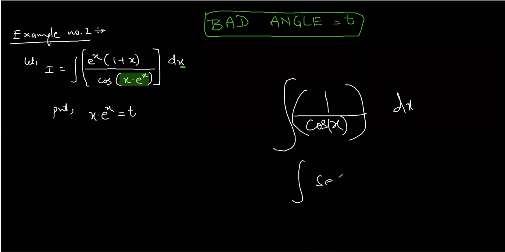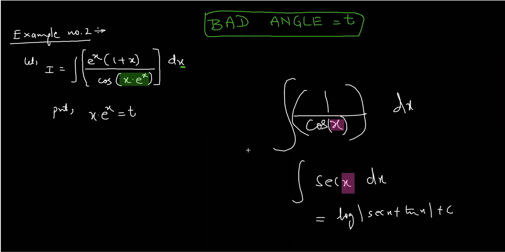It would have been sec x dx, and I would have applied the integration log of sec x plus tan x plus c. So here, what is it which is not letting me apply my result?